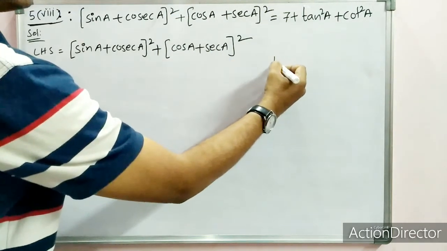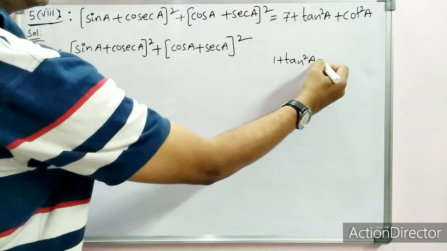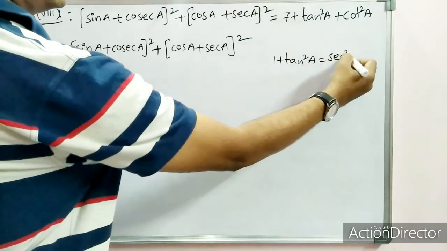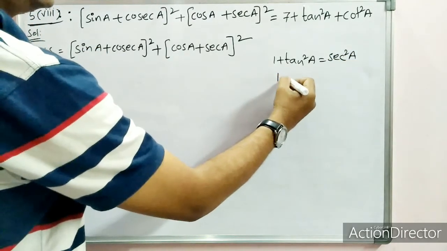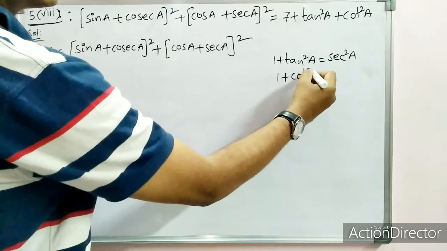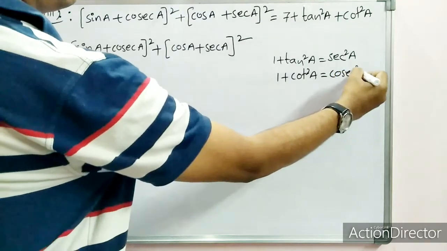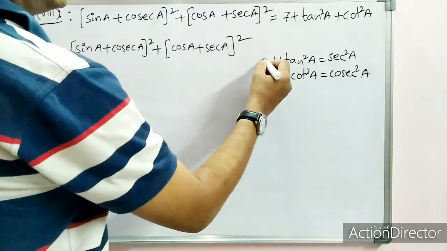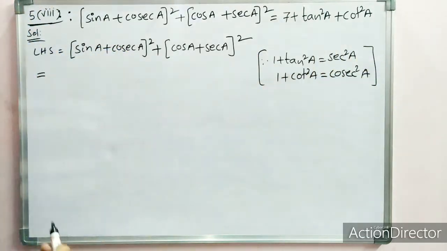We have 1 plus tan square A is equal to secant square A. This is one of the identities. And the third identity is 1 plus cot square A is equal to cosecant square A. So these are the main identities related to tan and cot.